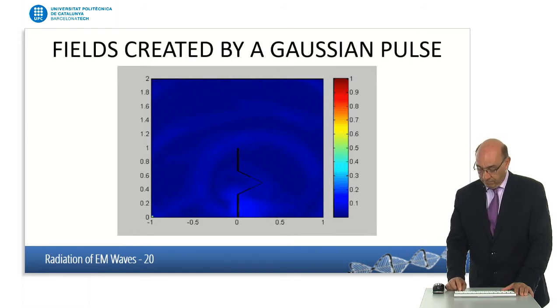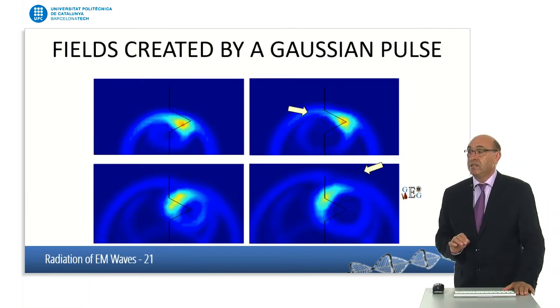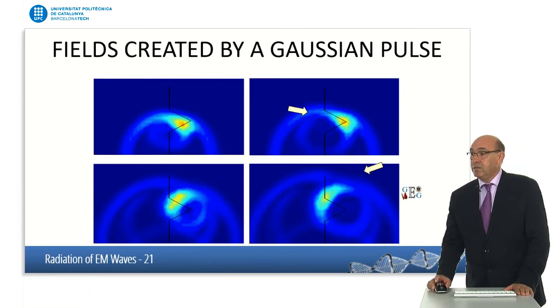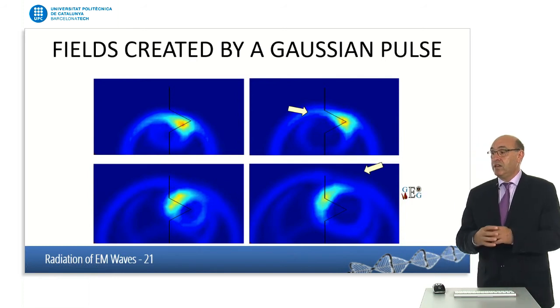Here you have 4 snapshots of the same process, and this will help you to understand and follow what we've been talking about. In the first one, we have the 2 wavefronts here. Now a new one will be appearing, it's this one, and see how this becomes larger and larger, and the nested set of wavefronts are being produced.